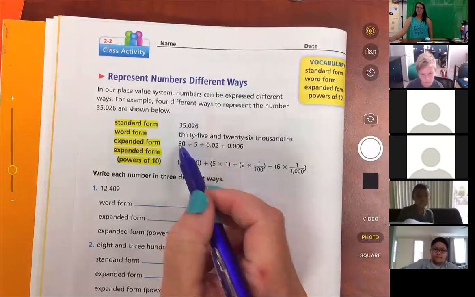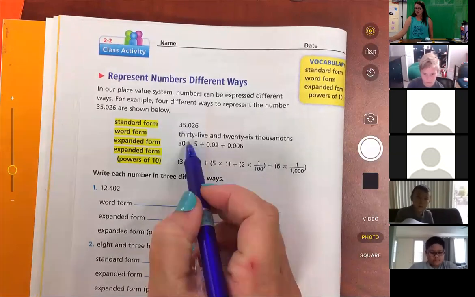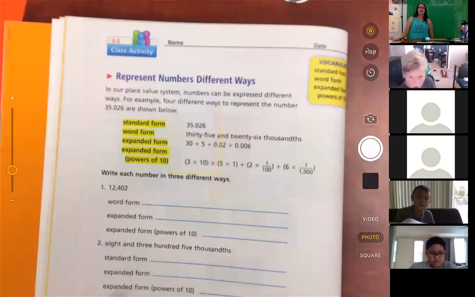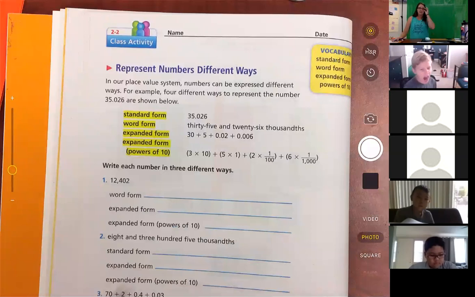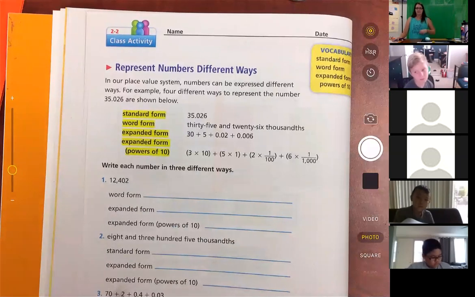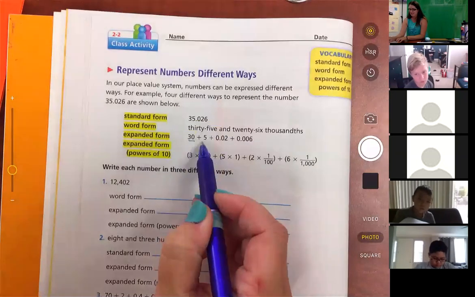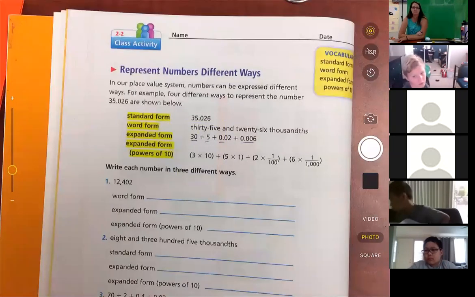You need to write it all in word form. And if you'll notice, numbers like 35 and 26 have this hyphen in between them, this dash. So 25, 36, 42, those types of numbers need to have a hyphen between them. Okay? Expanded form, we take a look at the place value of each number and we write it out.